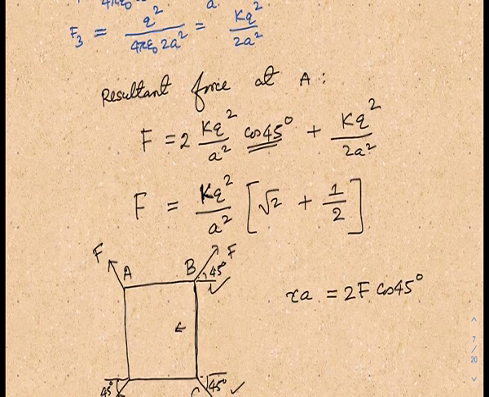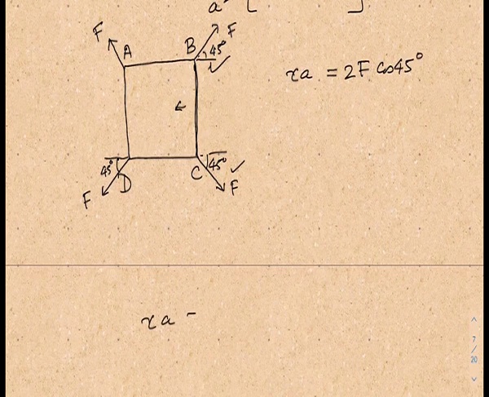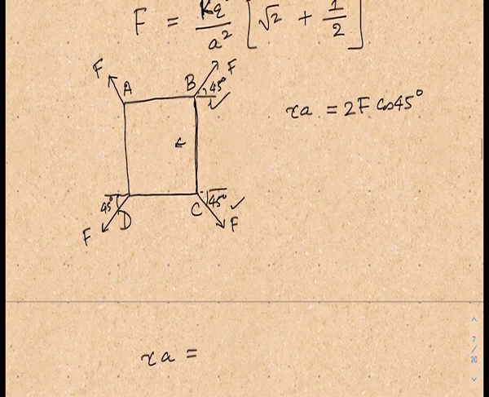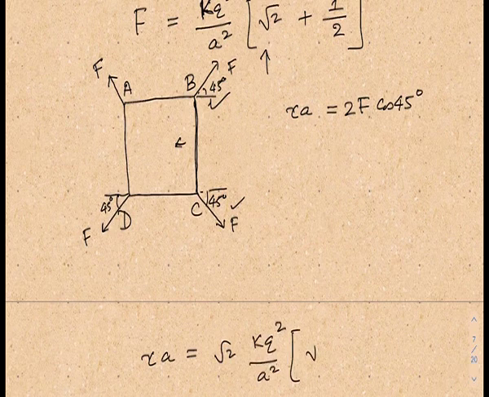So I have already worked it out, so you can write here that gamma A is equal to twice F cos 45 degree, and cos 45 degree is equal to 1 by root 2. So this is root 2 into F. F is K Q square by A square, root 2 plus half.